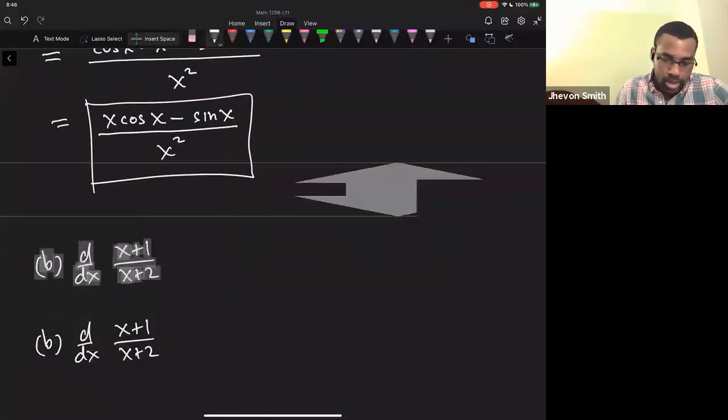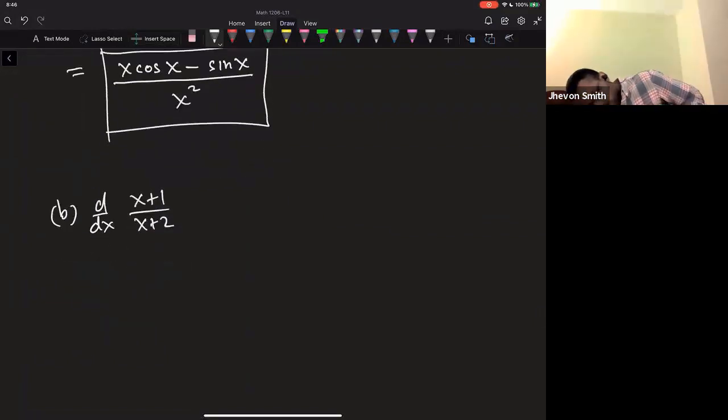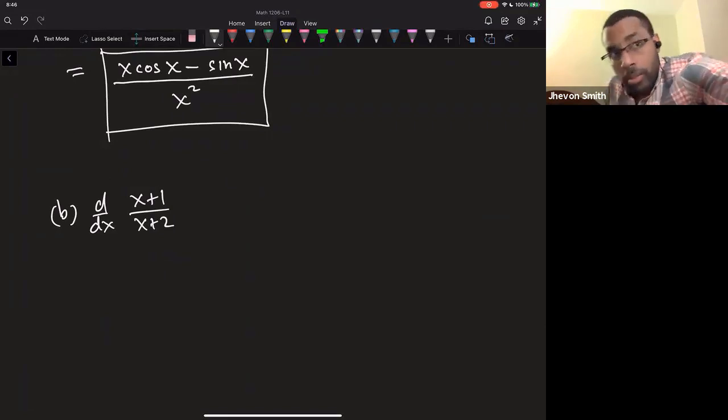The thing is, with practice, finding derivatives of these random functions that I give you gets easier. There's going to be a problem on the test where, just like with limits, I'm going to give you several problems like A, B, C, D, or A, B, C, D, E. It'll be 4 or 5, where I just give you a function and say, find the derivative.